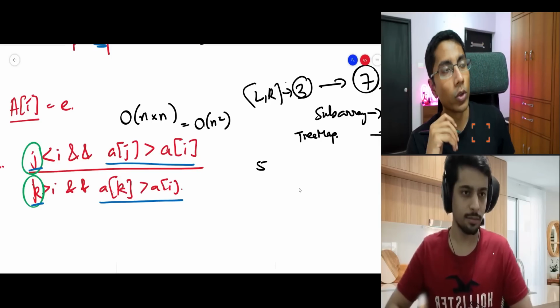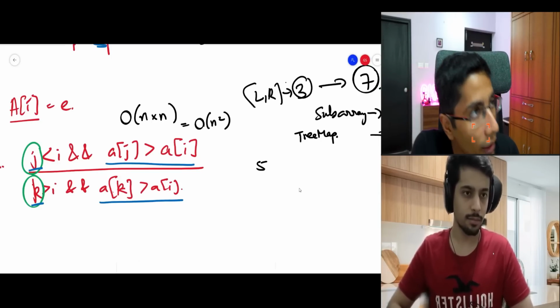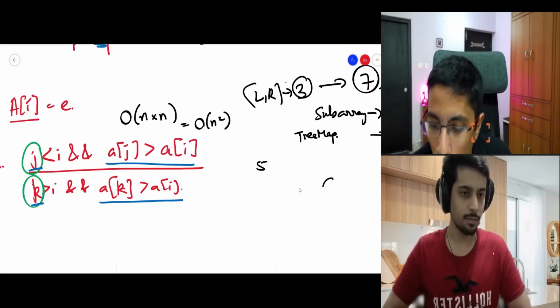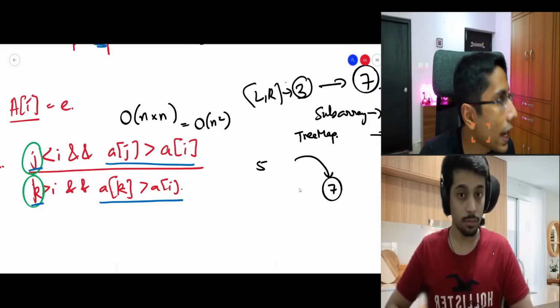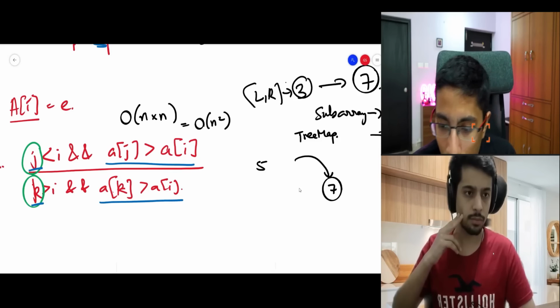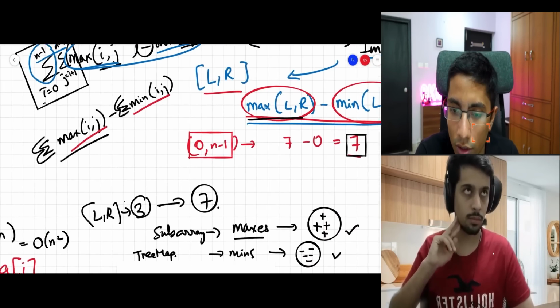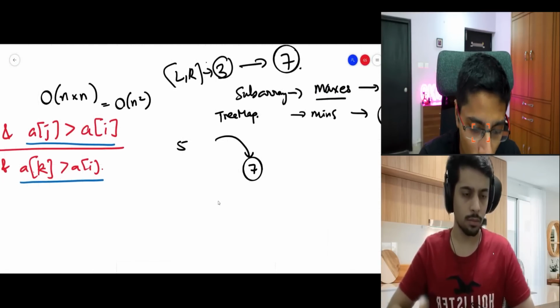Now we need to find the largest element to the left and right. But I know that 7 is the only one which can be greater than 5, so I can store 7 in the BST now. Its index is 3.